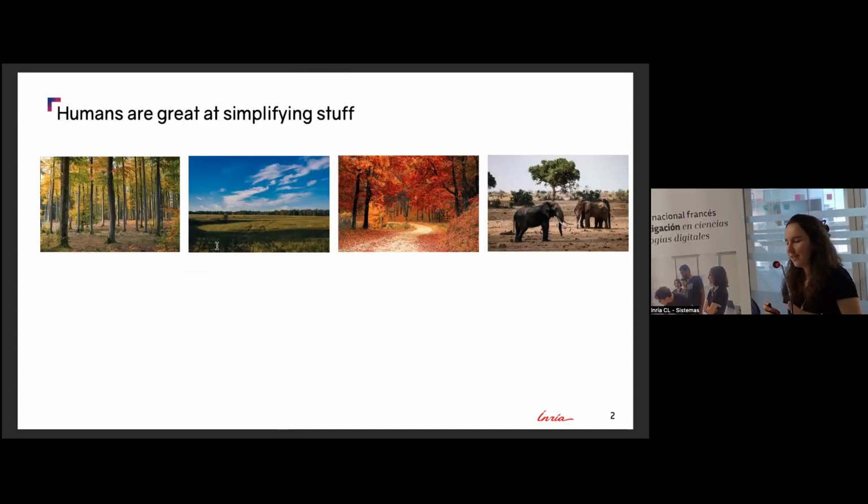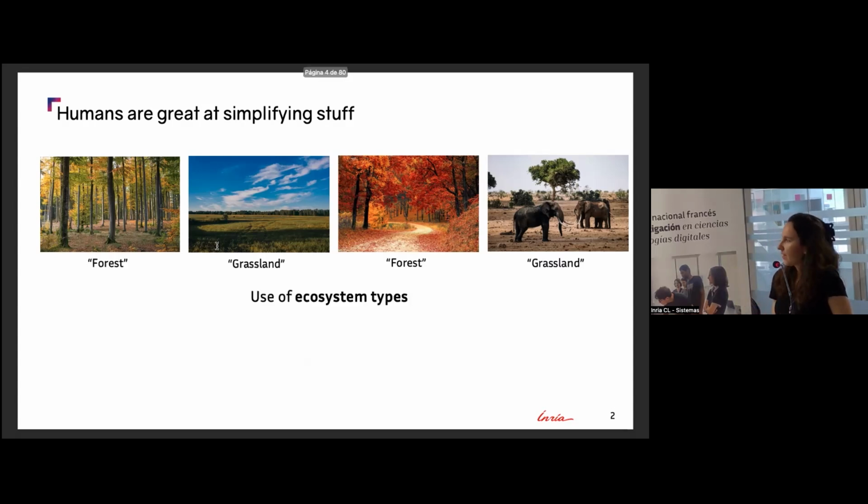First, for a minute, let's forget about bacteria and microorganisms and look at these pictures. We as humans are really good when it comes to classifying, recognizing, and distinguishing things. So if I show you these pictures, you will probably very easily classify and label them, for instance, as forest for two of them, even if they are coming from different seasons, and as grasslands for the two others.